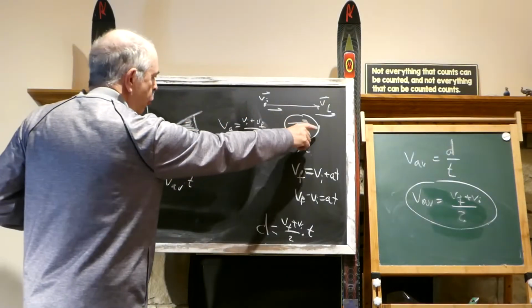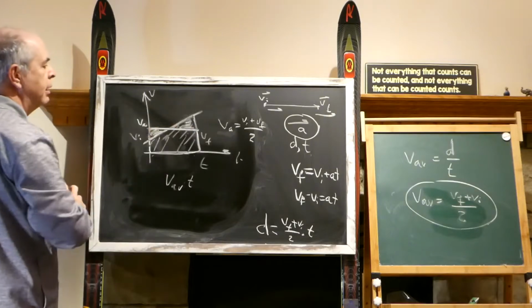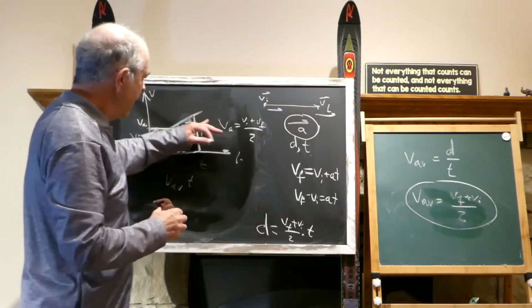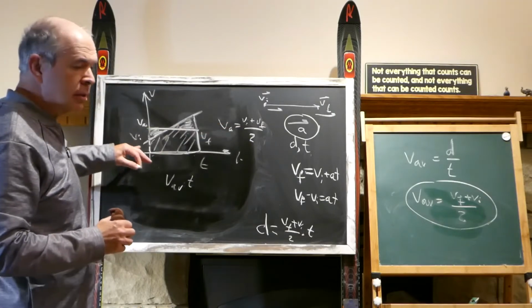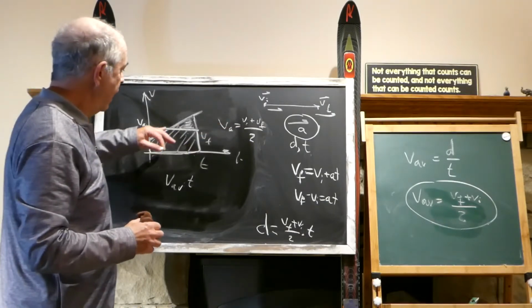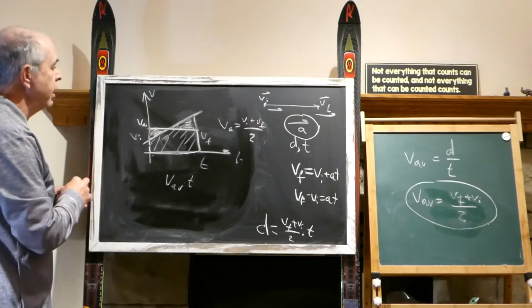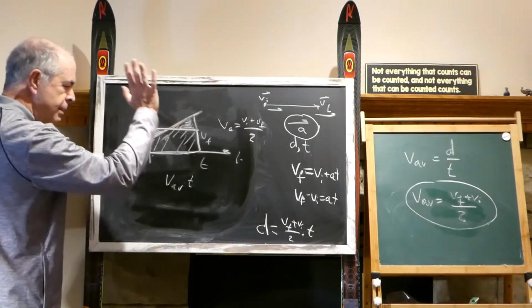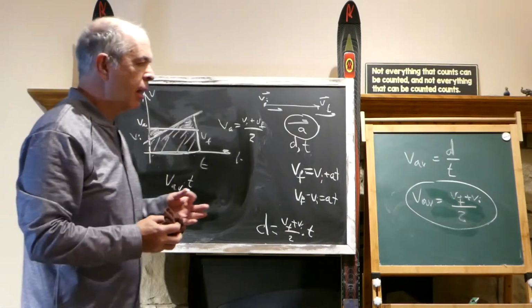The only important thing is that this is a straight line, and when this is a straight line, then there is a constant acceleration, and then it becomes so easy that this rectangle and this trapezoid, the areas should be the same.